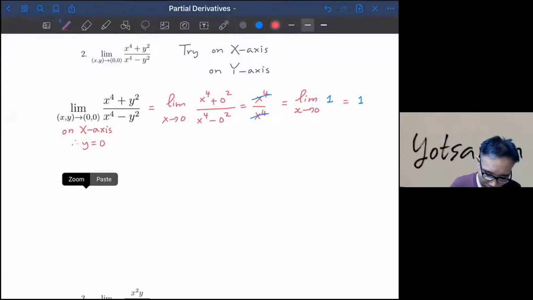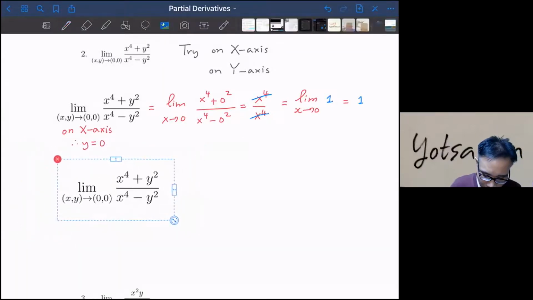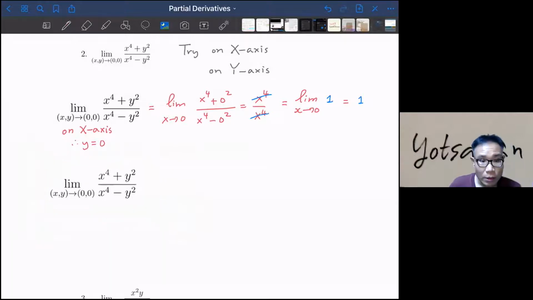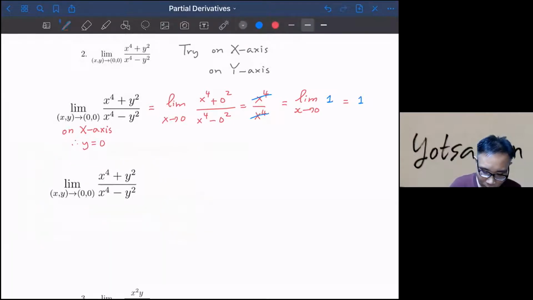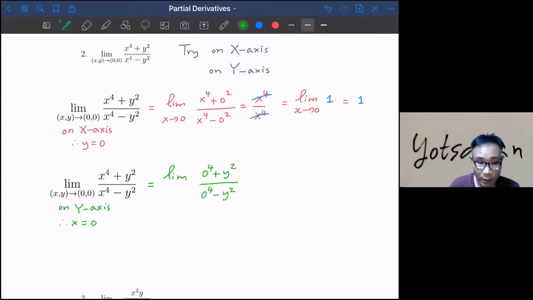And for the second one, we're gonna try the y-axis. On the y-axis, you have x equal to 0. So for x equal to 0, this becomes 0 to the fourth plus y squared over 0 to the fourth minus y squared.